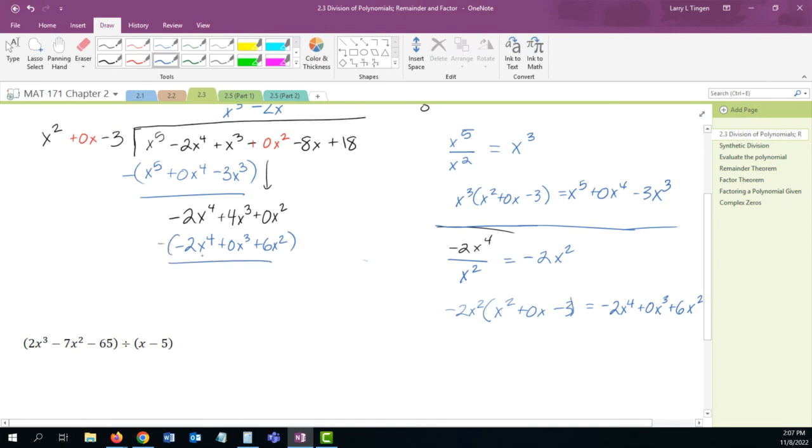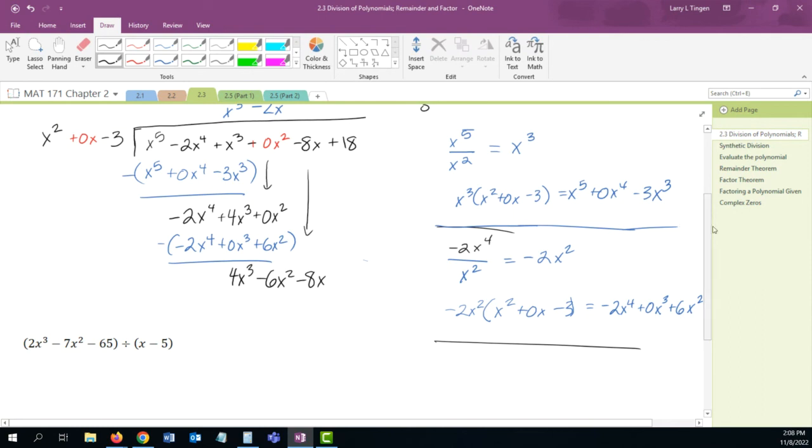Negative 2x to the fourth minus negative 2x to the fourth is 0. Remember that first term is always going to go away. 4x cubed minus 0x cubed is 4x cubed. 0x squared minus 6x squared is negative x squared. Bring down the next term, and then we do it again.